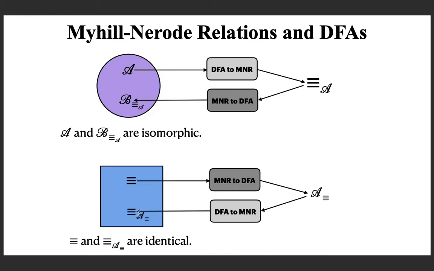So this is the relationship between MN relations and DFAs. What it tells us is that there exists a one-to-one correspondence between DFAs and MN relations. For every DFA, there exists an MN relation, and for every MN relation, there exists a DFA.